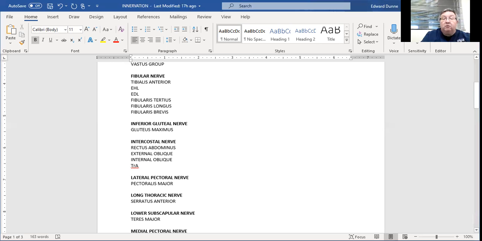Extensor digitorum longus is the muscle that extends toes 2 through 5. And the three fibularis muscles. Remember I said, if you ever see the words peroneus and fibularis, they mean the same thing.